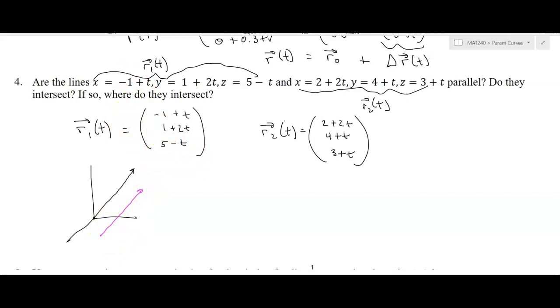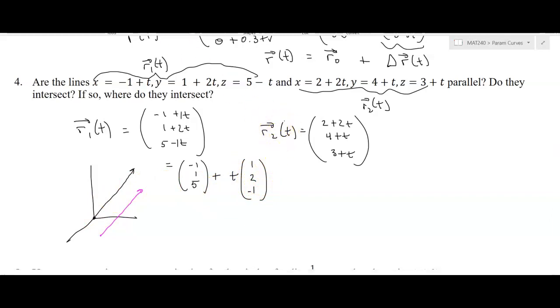But what I notice if I rewrite this first vector is that its initial position is (-1, 1, 5) plus t times (-1, 2, -1), those being the coefficients of t. So I can see that this particle is moving along the vector (-1, 2, -1).